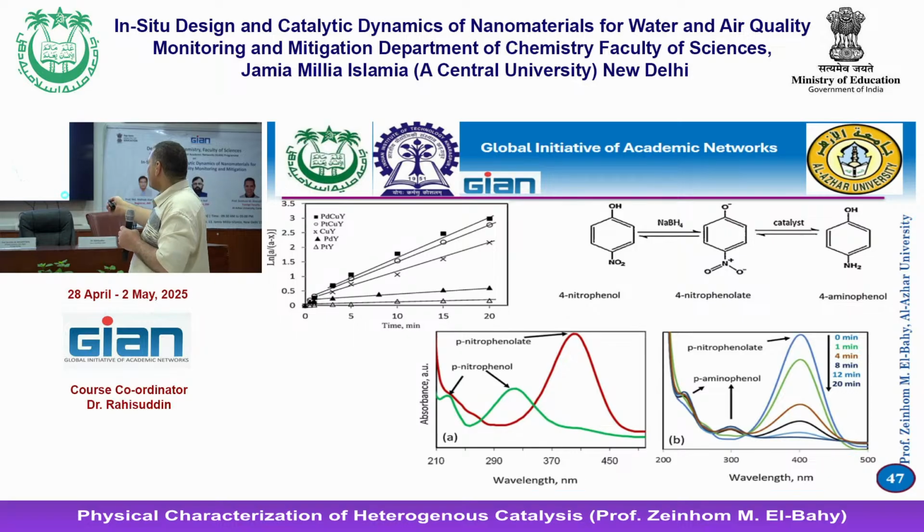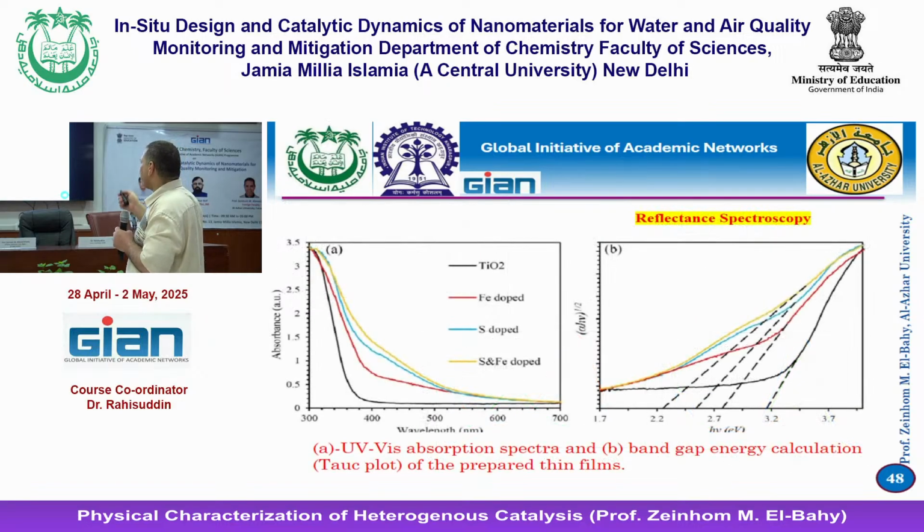In this way, we traced or followed the reaction by measuring the absorption of para-nitrophenol and para-aminophenol. One of the most important uses of UV is reflectance spectroscopy, where you can determine the band gap of the material.